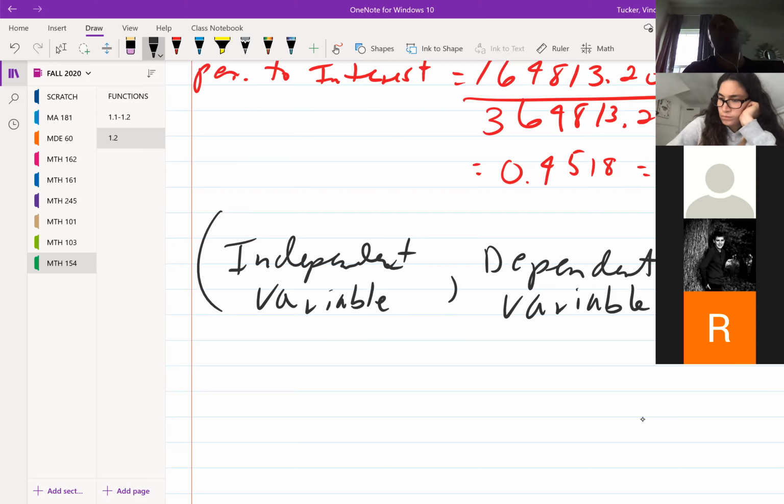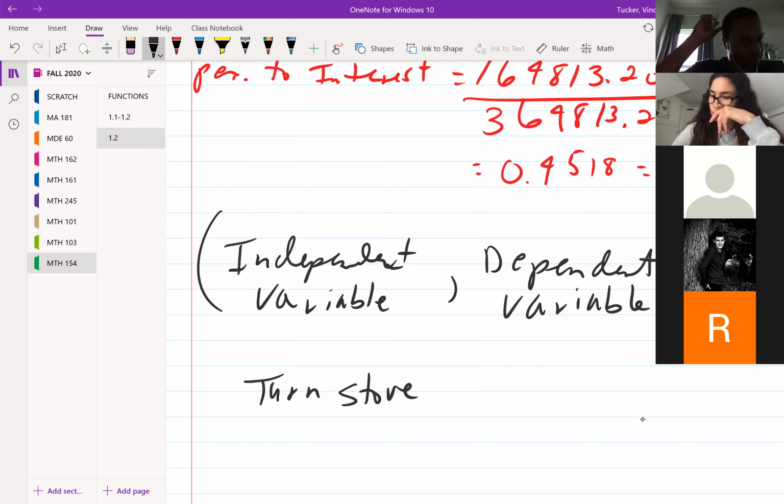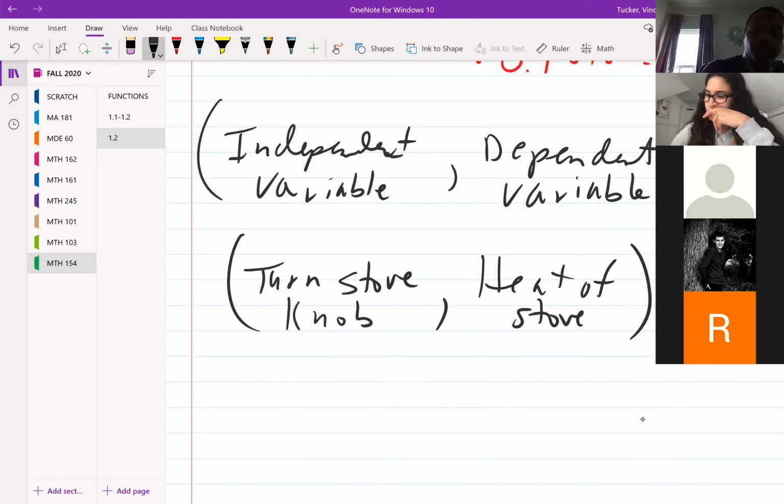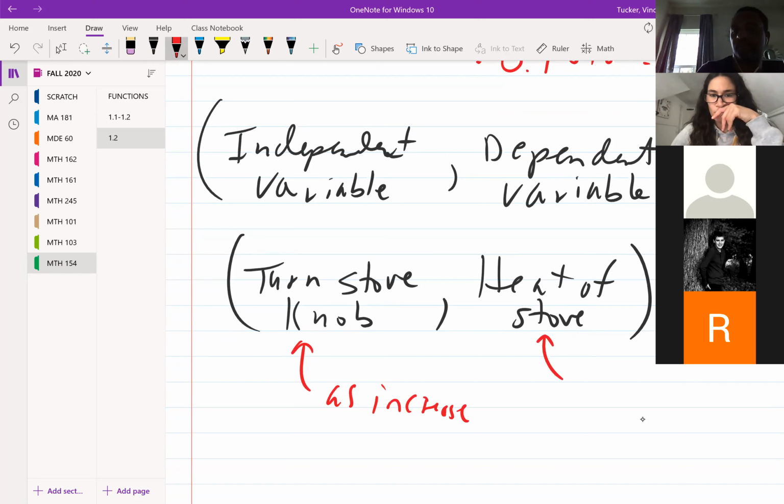So let's see. Turn stove knob and then heat of stove, you could say as this increases, this increases.